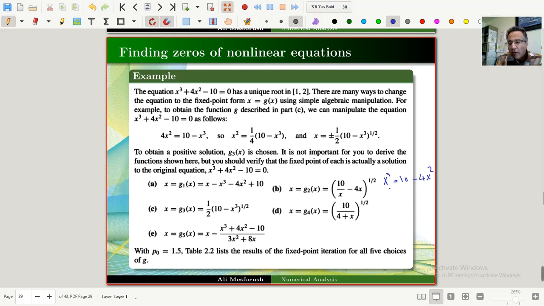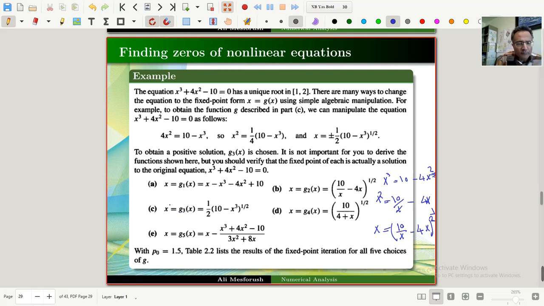Okay, now divide both sides by x, to get x squared equals 10 over x minus 4x, and take the square root: x should be (10 over x minus 4x) to the power of 1/2, and this one we get this one.